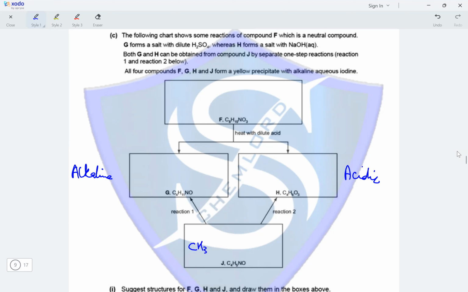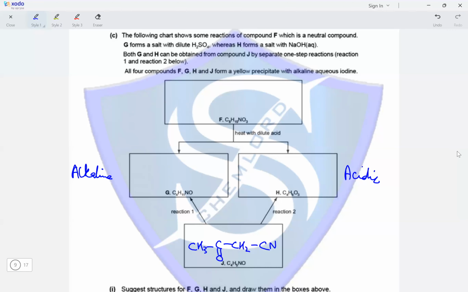So CH3 C double bond O. This much of the structure is complete. Now what are we left with? We are left with two carbon atoms. So we can have a CH2 group. So all five hydrogen atoms have been used up. So we are left with one carbon and one nitrogen, resulting in the fourth position being occupied by a nitrile group. So this is structure J.